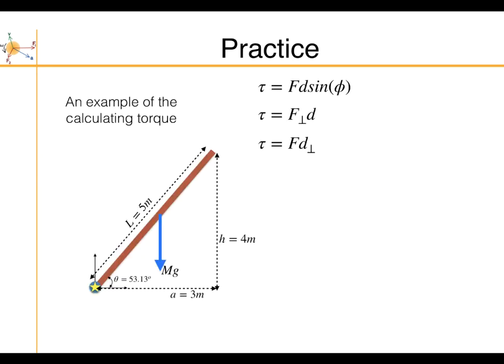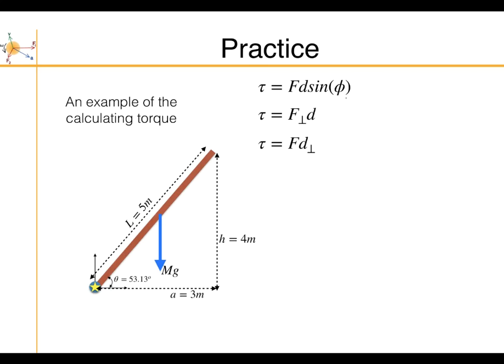As an example of this type of calculation, here is a bar on a hinge. Okay, so we have a hinge here, and this is a long bar, 5 meters long, and there is a force here, mg, on the bar right there. So let's do two ways of calculating the torque that this force is exerting around the pivot point represented by the star.